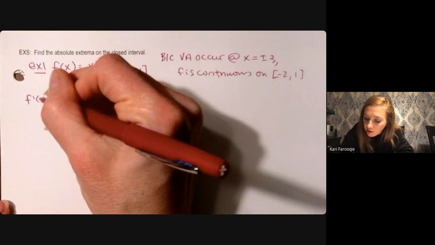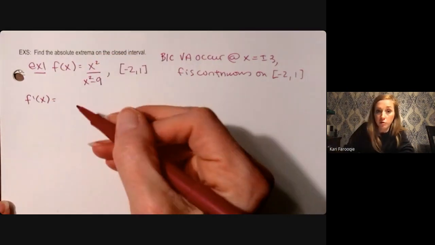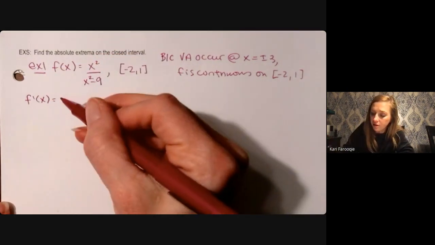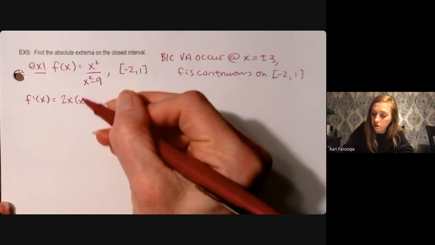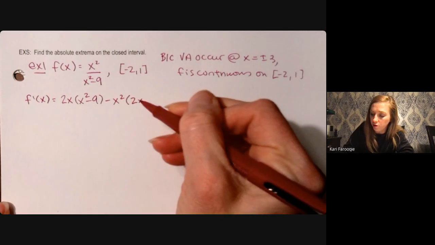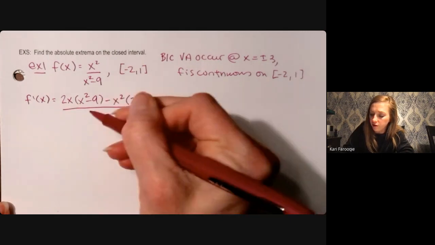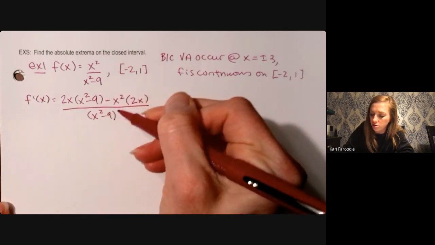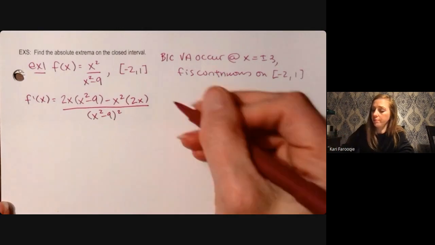Right, f prime of x, we're going to use the quotient rule here. f prime g minus f g prime, all divided by g squared, and then we'll simplify.